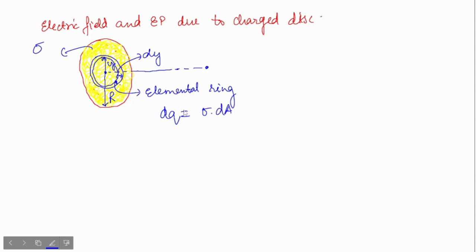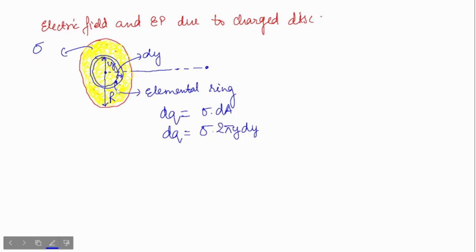The area will be the circumference, 2 pi y, into the thickness dy, so the area is 2 pi y dy. So the charge is sigma into 2 pi y dy.